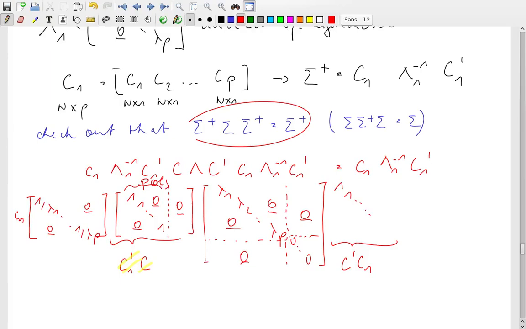I have 1s on a main diagonal, 0s off, and then I have some rows of that matrix which contain zeros. Okay. So here the last rows of that matrix would be zeros. Essentially, these are the transposed last columns of that matrix. Okay. Then comes lambda 1 to the minus 1 again. We already had that. So I'm writing it again.